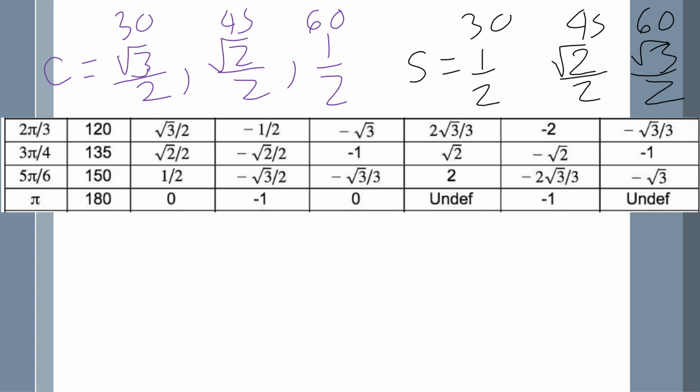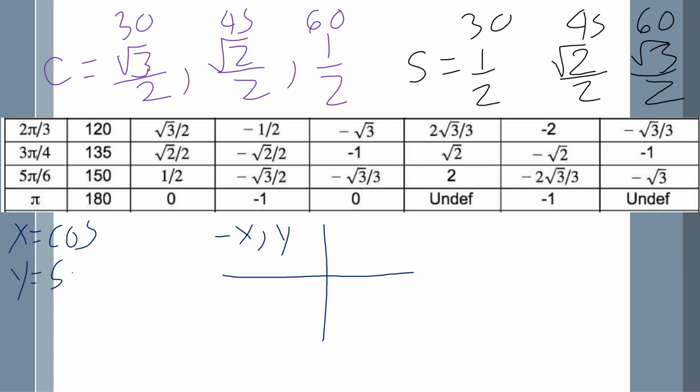All right, so let's do it. Now, we're no longer in quadrant 1 because the last thing we did was in quadrant 1. And we know cosine is x, y is sine. So in quadrant 2, what's going to be negative? x is going to be negative, and we know x is cosine and y is sine.